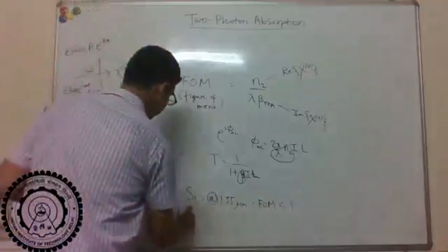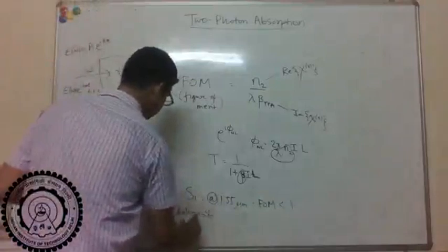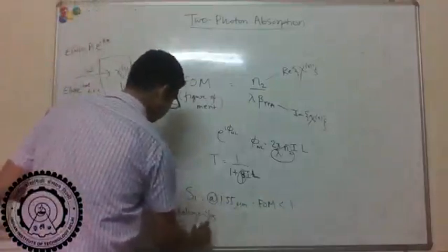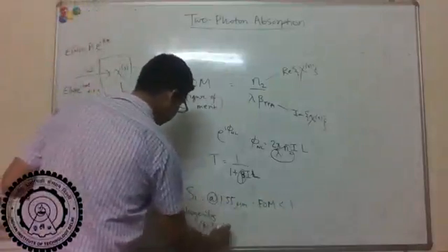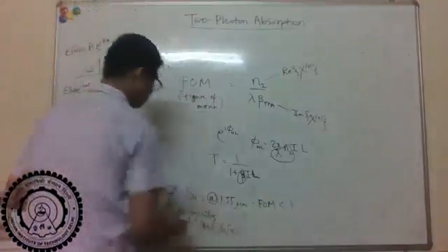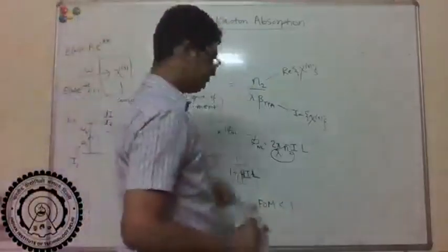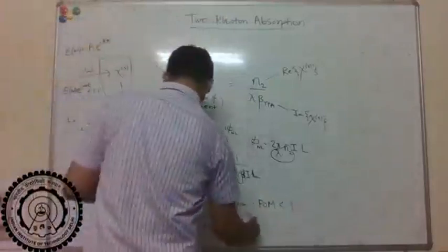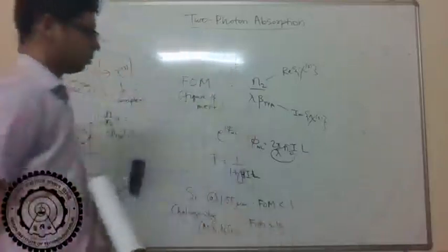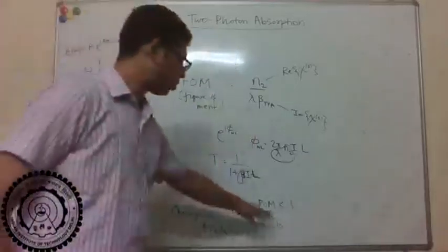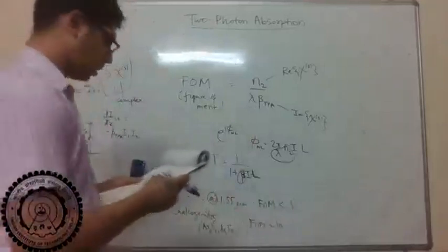You can do slightly better with other materials called chalcogenides, some examples being selenides, with selenium. They have larger N2 and smaller beta, and you can increase the figure of merit by an order of magnitude, say up to 10. Okay.